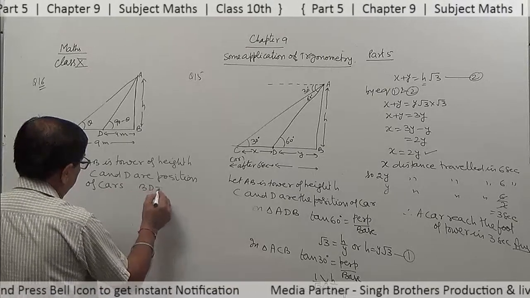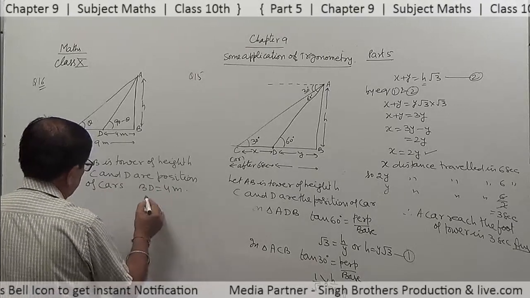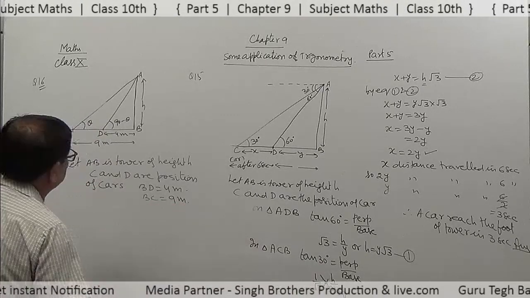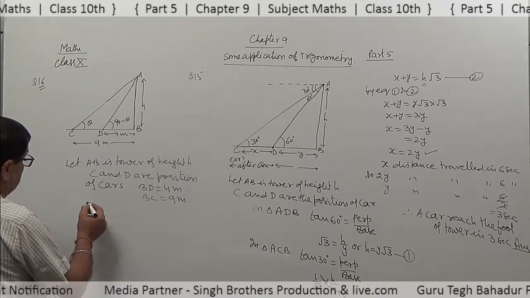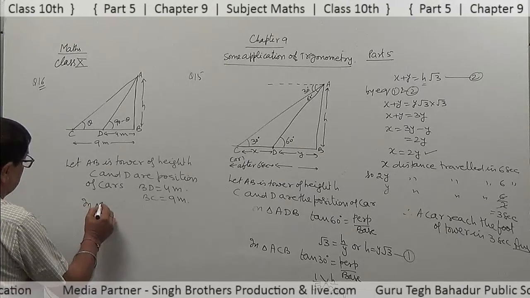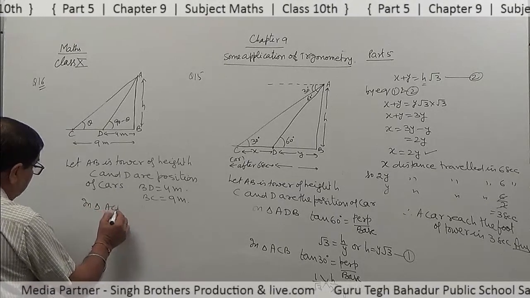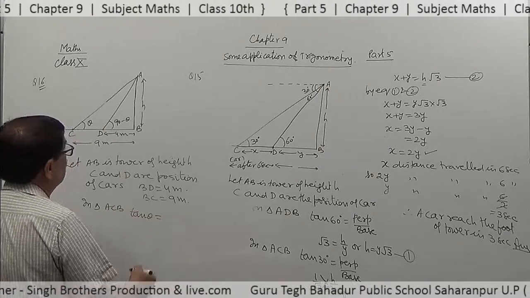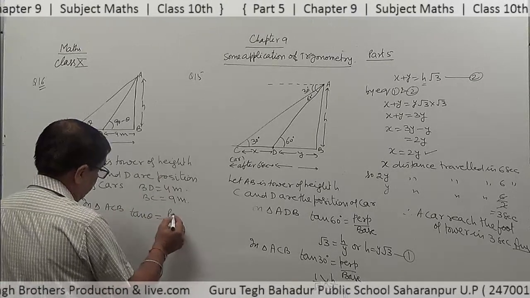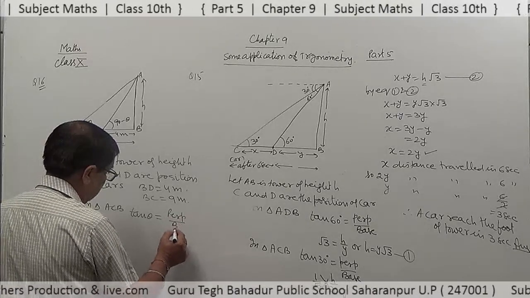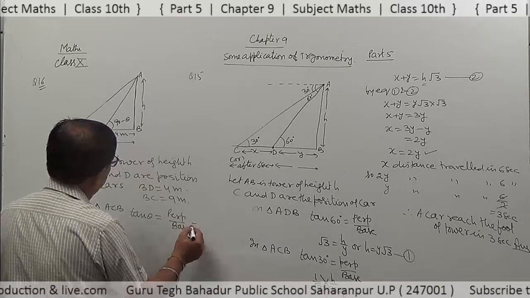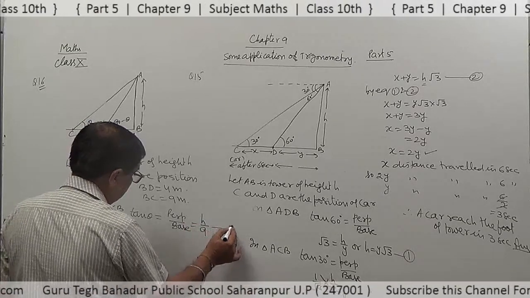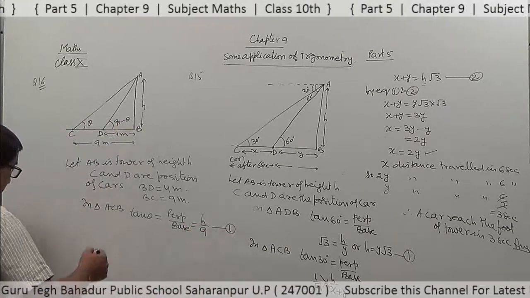BD is equal to 4 meters, BC is equal to 9 meters. In triangle ACB, tan theta is equal to perpendicular upon base, that is h upon 9. This is the first equation.